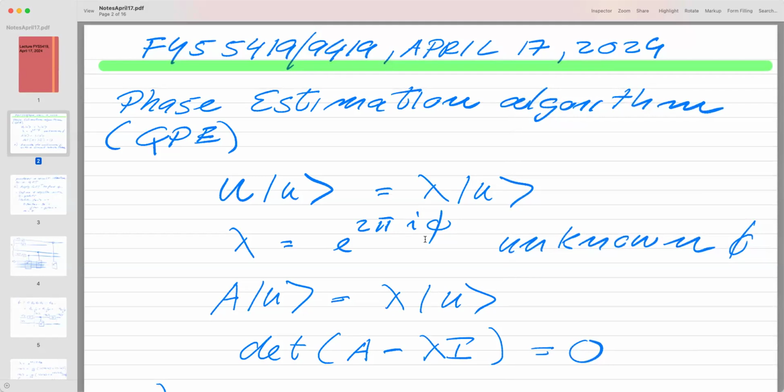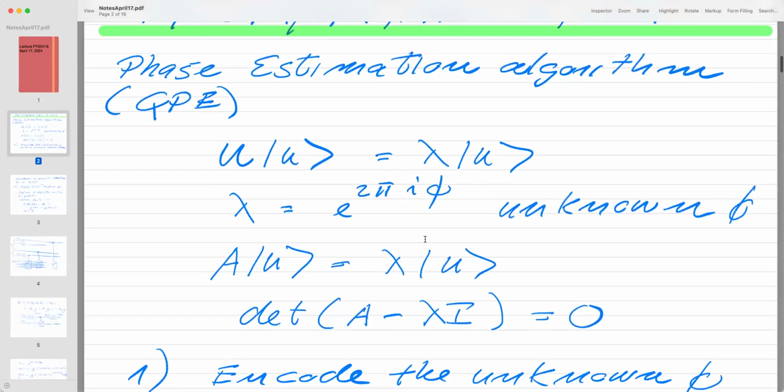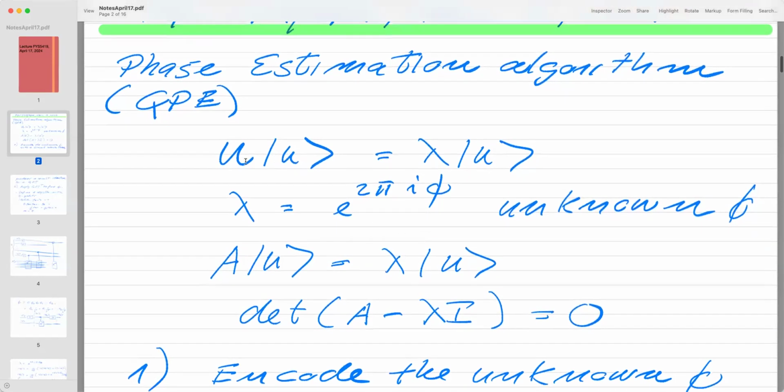So the quantum phase estimation algorithm, and the video should be online, is essentially you looking at a unitary transformation. A unitary transformation acting on this basis gives you an eigenvalue and the eigenvector, obviously.